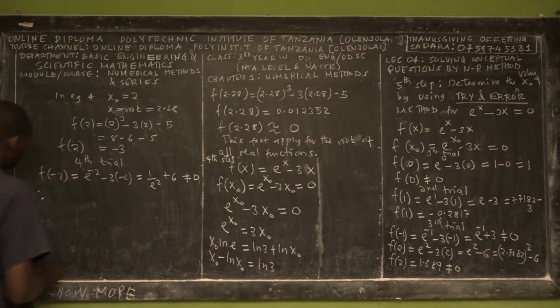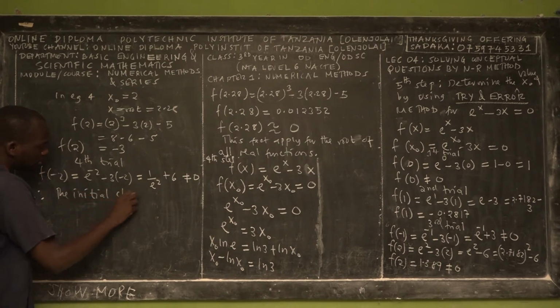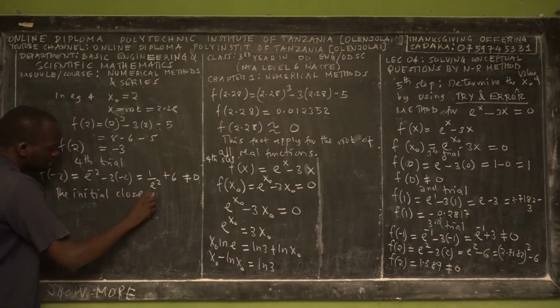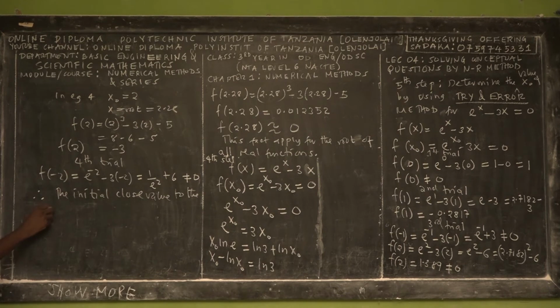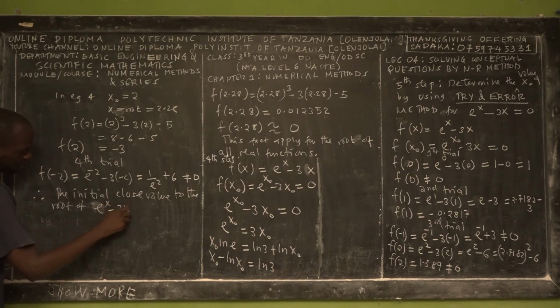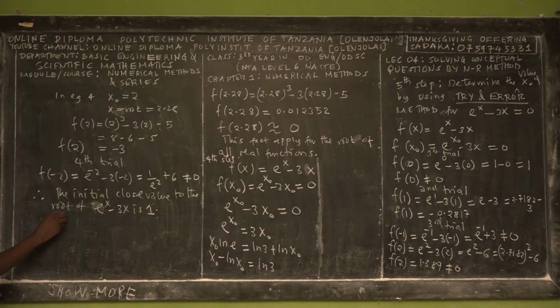So you say therefore, the initial close value to the root of e power x minus 3x is 1. For that case, x naught now is equal to 1.